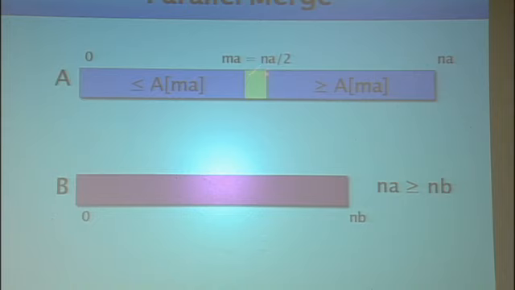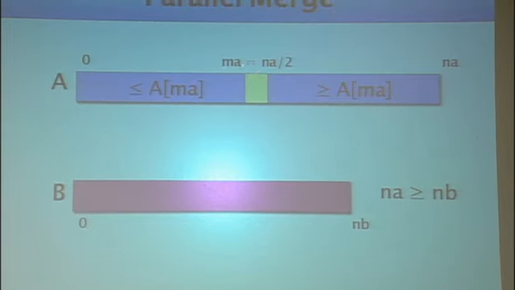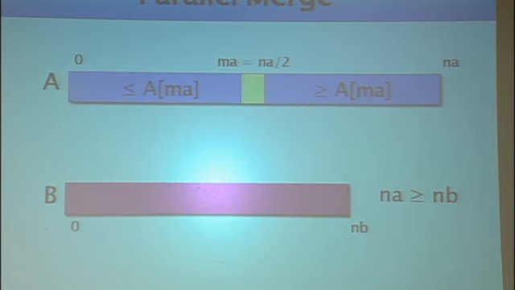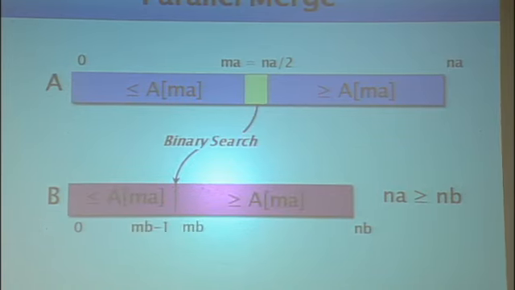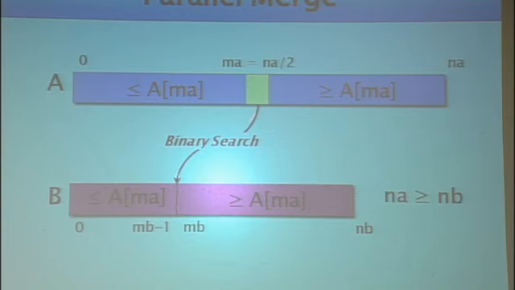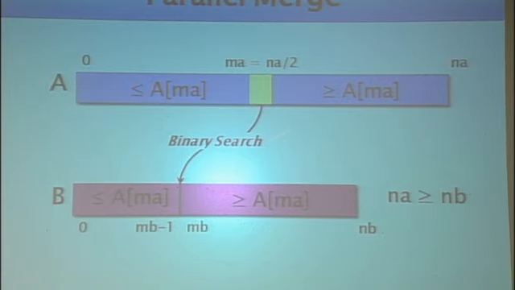So these elements are all less than or equal to A of MA, and these are all greater than or equal to it. Now I binary search and find out where that middle element would fall in the array B. That costs me log n time to binary search. Remember binary search? Okay.